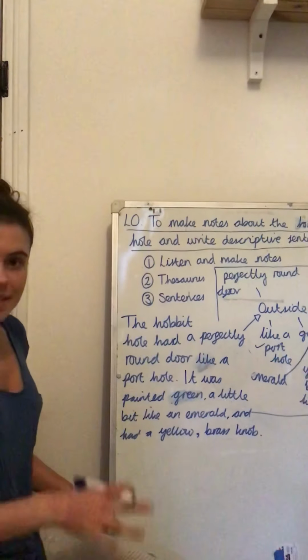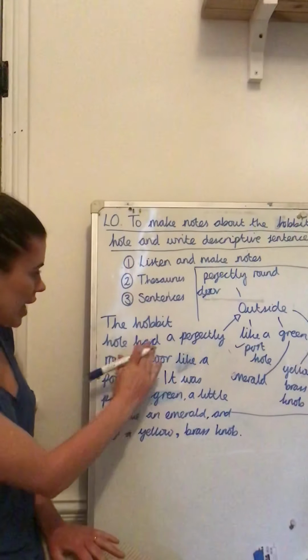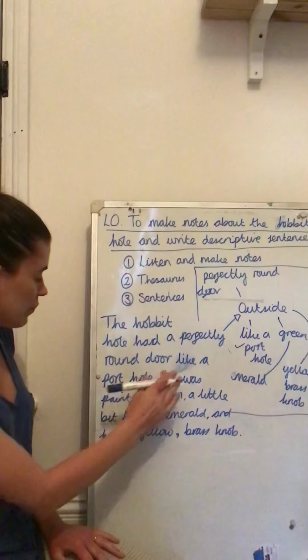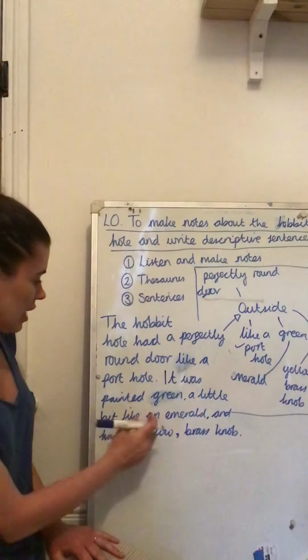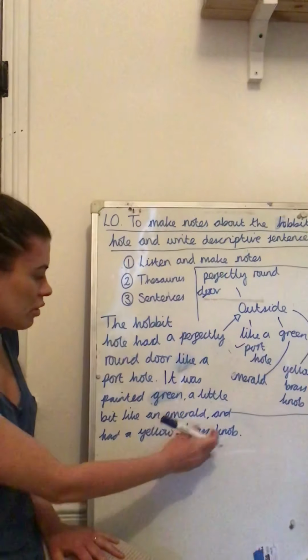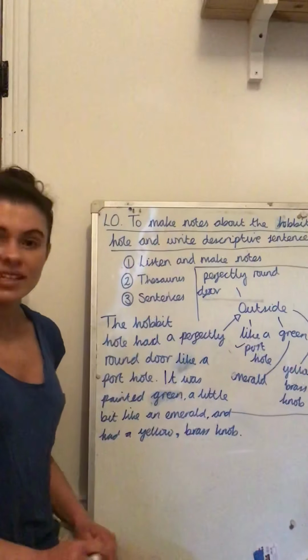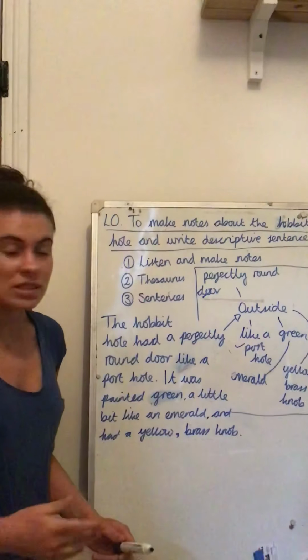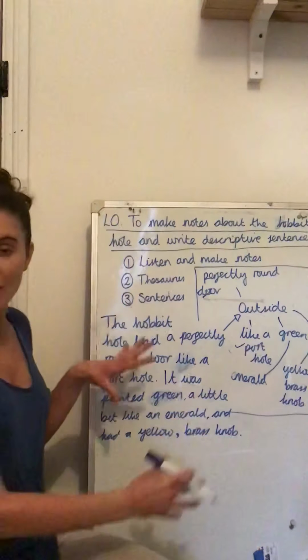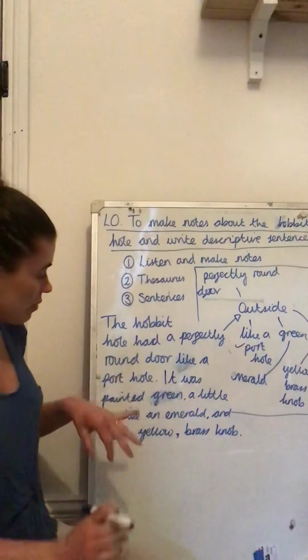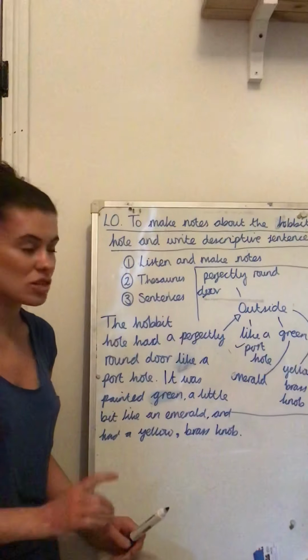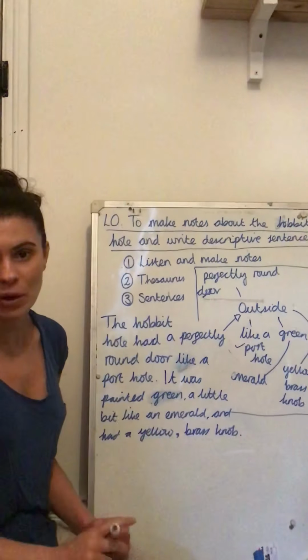Okay, let's just read it all together just to make sure. So the Hobbit hole had a perfectly round door like a porthole. It was painted green, a little bit like an emerald, and had a yellow brass knob. Okay, I think that's pretty good. I think that describes the outside. Now, when you're actually writing it in full, you might write this a little bit differently. But at the moment, I've got two really good sentences that describe the outside of the Hobbit hole.